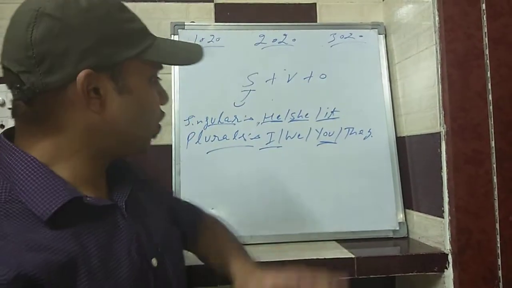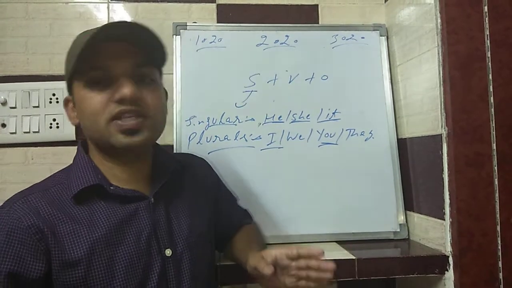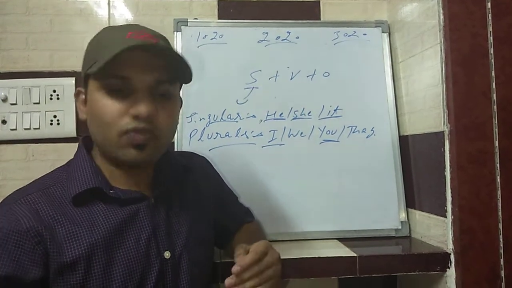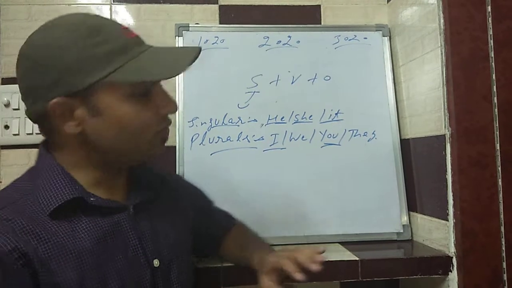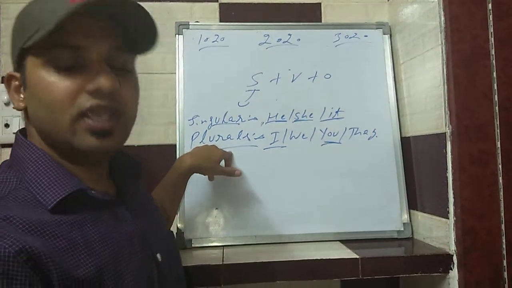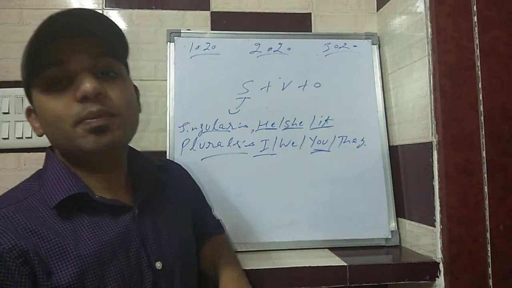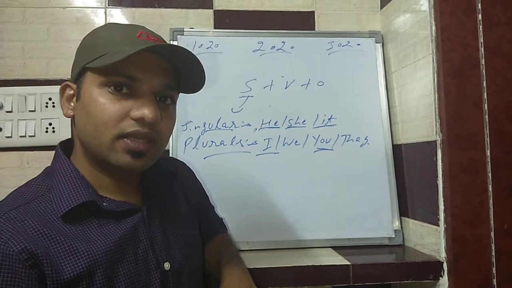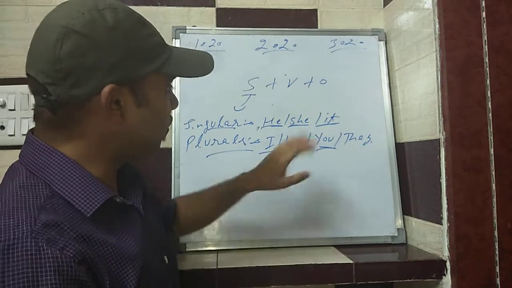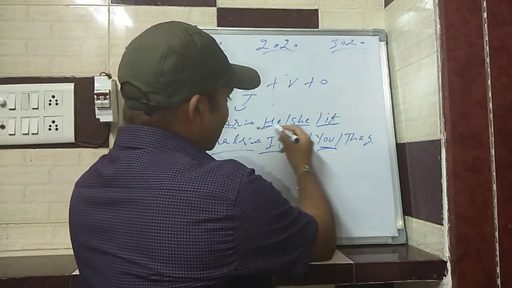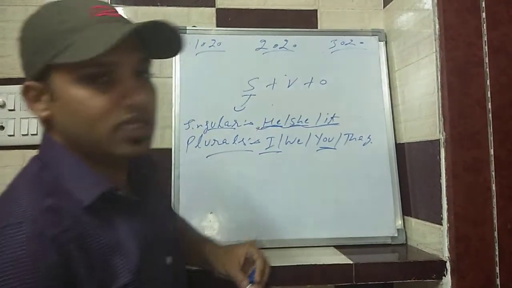If we talk about any particular subject which is first person, we keep it in the plurals category. If it is a second person, we keep it in the plurals category. But if the person is single and it is a third person, only at that time we keep it in the category of singular.